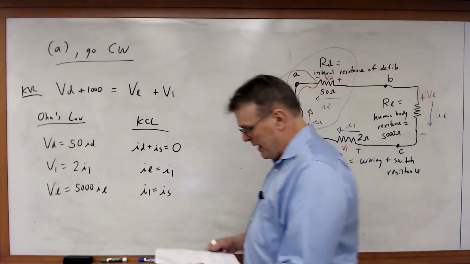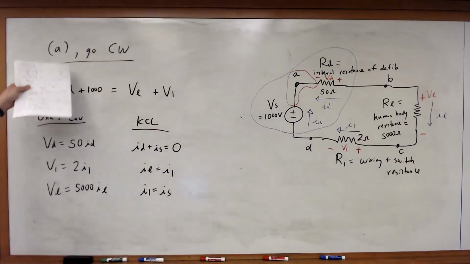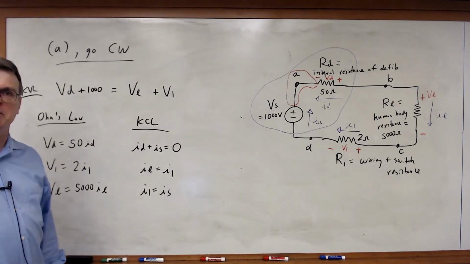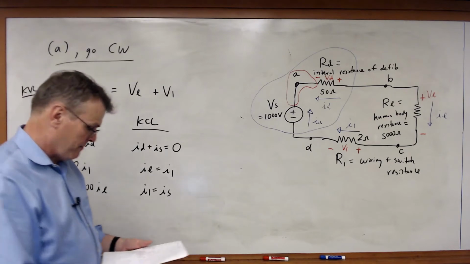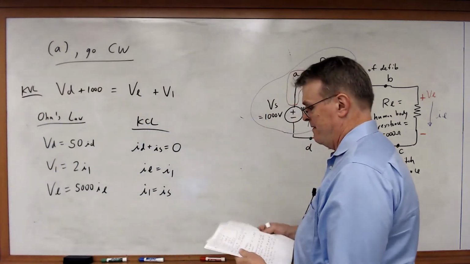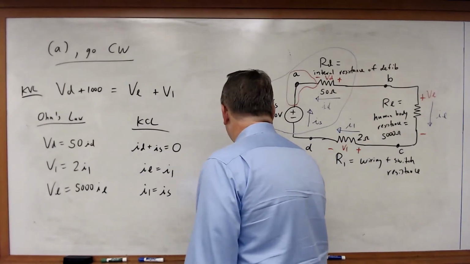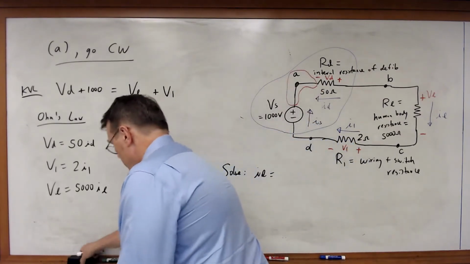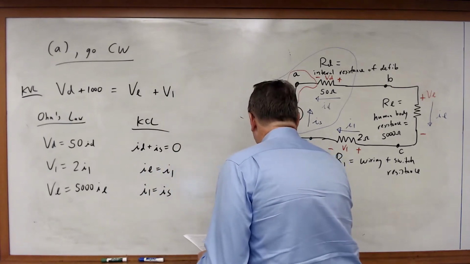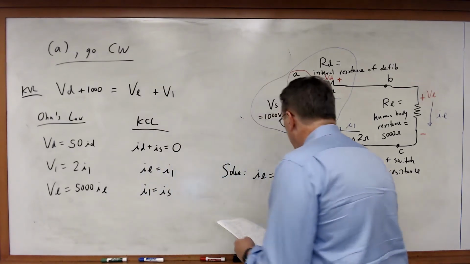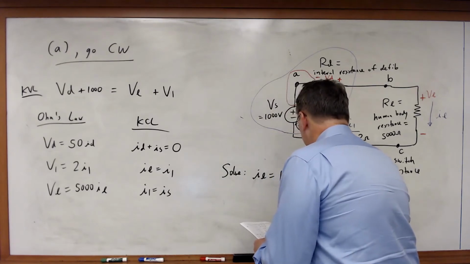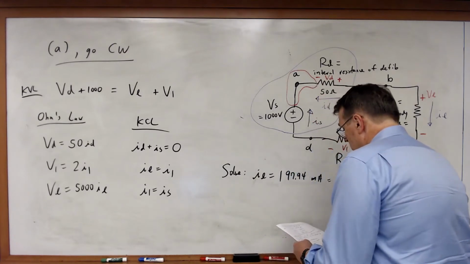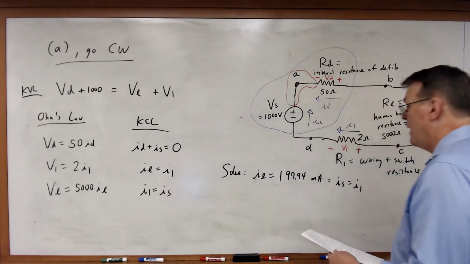But now, what do I have here? I have 7 equations, 1, 2, 3, 4, 5, 6, 7, to go with my 7 unknowns, which means I can now solve. So if I solve, I'll get the following. IL will be equal to 197.94 milliamps, which will also be equal to IS and also be equal to I1.